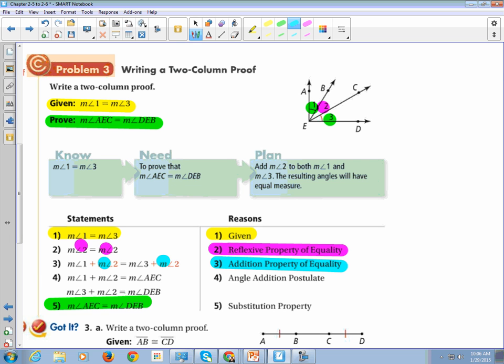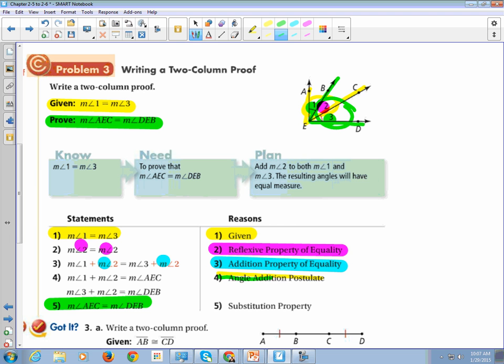All right. We're going to say that the measure of angle 1 plus the measure of angle 2 is equal to AEC. That's our friend, the angle addition postulate. Then we're going to say the measure of angle 3 and the measure of angle 2 is equal to DEB.